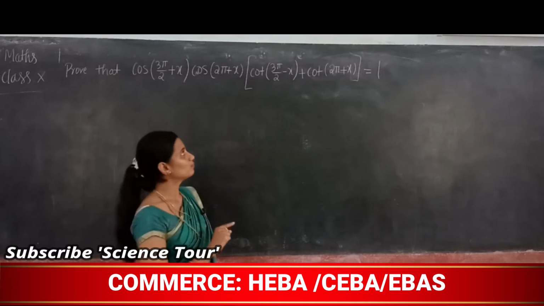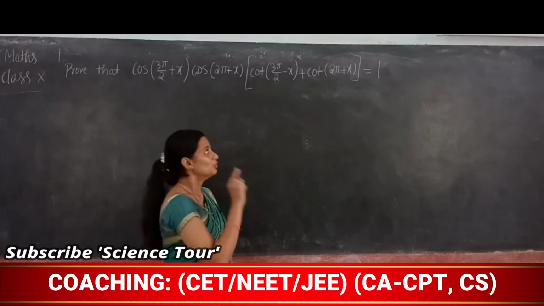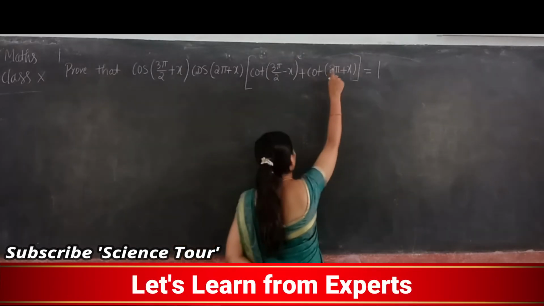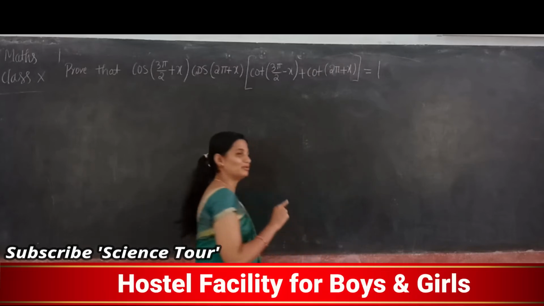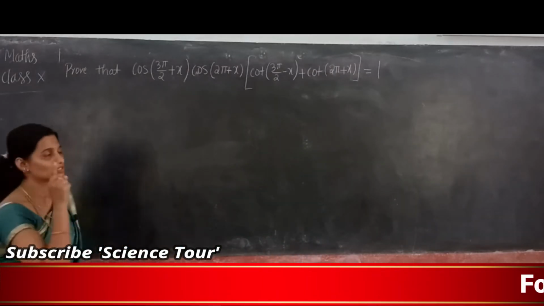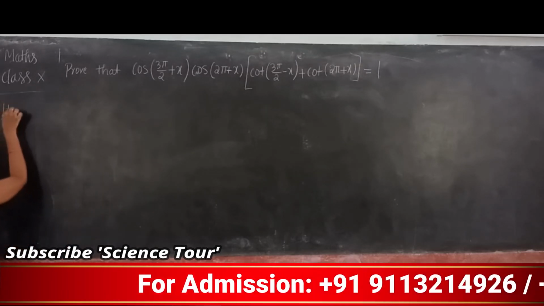3π/2 − x. Again 3π/2 is how much here? 270. 270 − x means the third quadrant. Plus cot(2π + x). 2π + x is first quadrant. So now I will take the LHS side.